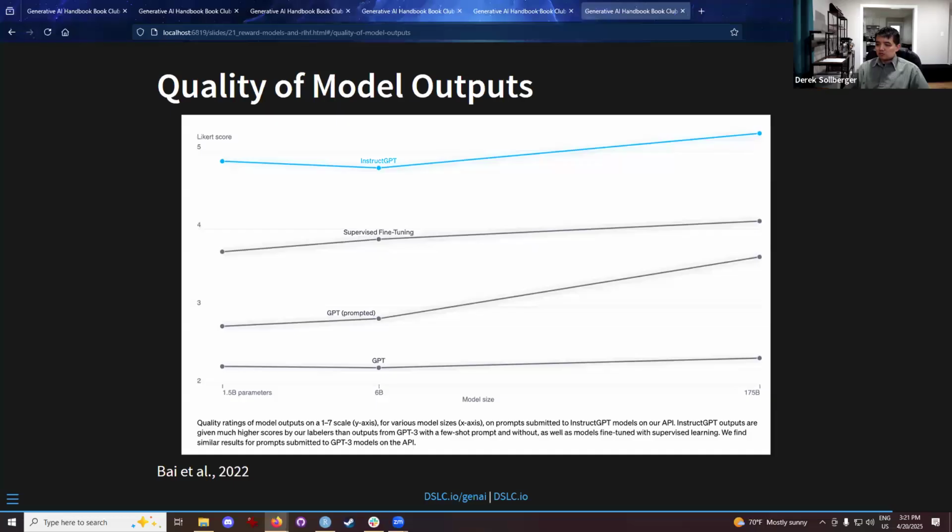When we did a better job of learning how to prompt the GPT, the second line from the bottom, the model outputs got a score of about 3 out of 7. And with better scores if we increase the model size, going into the hundreds of billions of parameters, by the way.